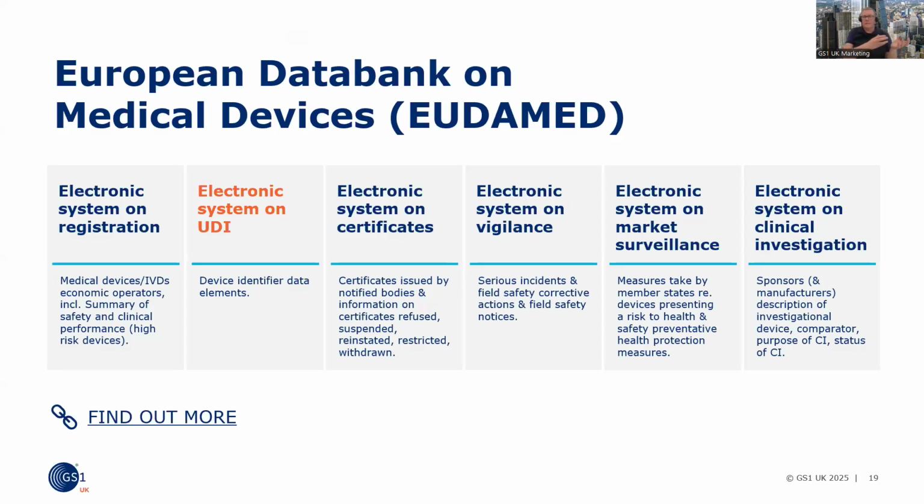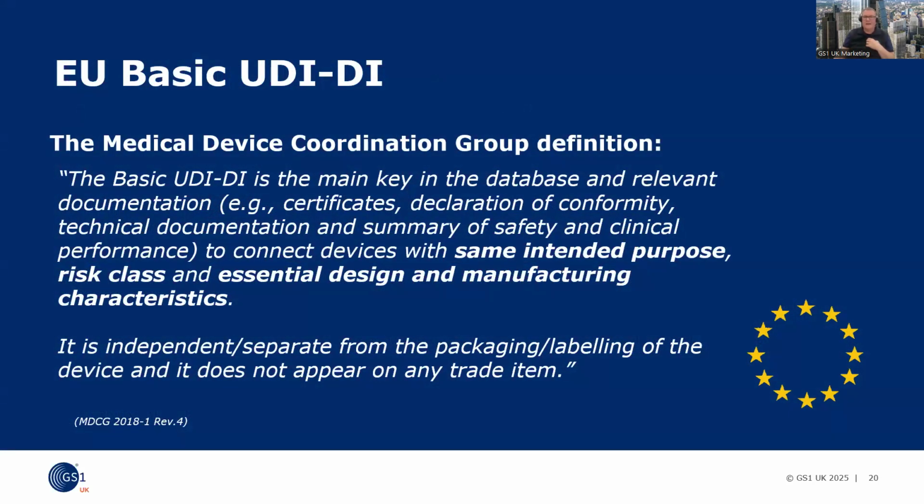So within the Global Unique Device Identifier database for the FDA in the US, it is all about the product's static data, a little bit about the manufacturer and the unique device identifier, the GTIN. But within this system, you've got 6 modules. So how do I get from one module to another? Well, they're all linked by a single code, a single identifier. And that single identifier is the basic UDI-DI.